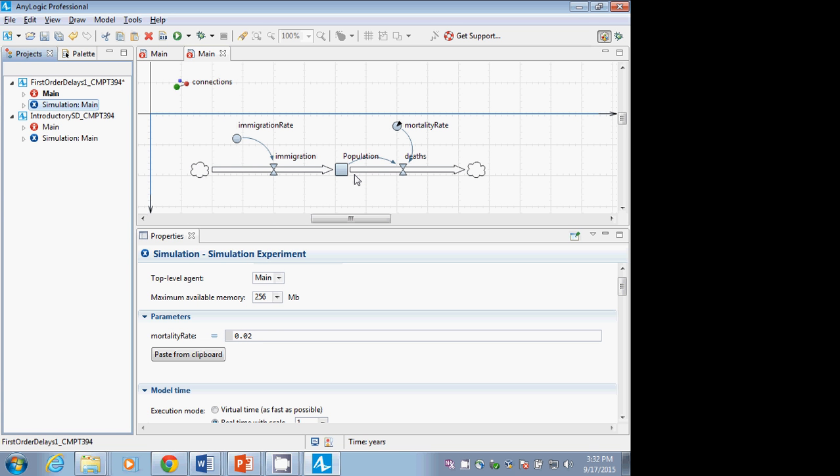What is it for all this period? 0. Why is it 0? Because there's nobody to die. There's no one in the population, right? The population is 0. Okay, how about after this? What will it look like? Will it look like this, linearly rising?